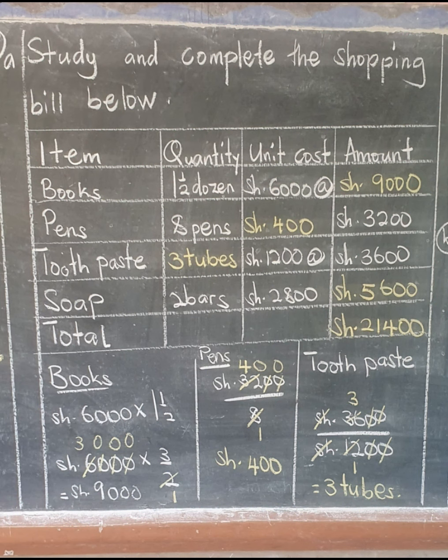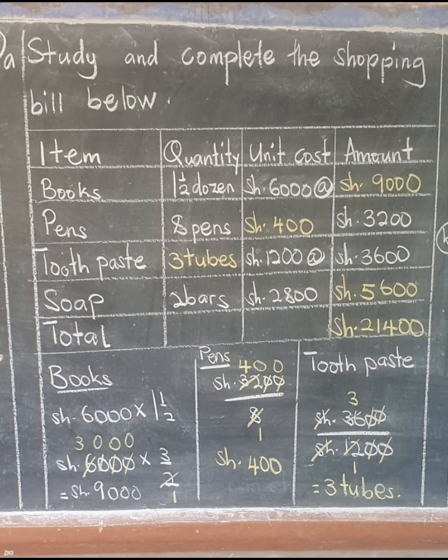Being that the units up are the same as the units down, we shall cross out the units. Those two numbers are multiples of 10, meaning we cross out the zeros up with the zeros down, and we remain with 36 divided by 12. So children, 36 divided by 12 gives us 3, meaning this person bought 3 tubes of toothpaste.